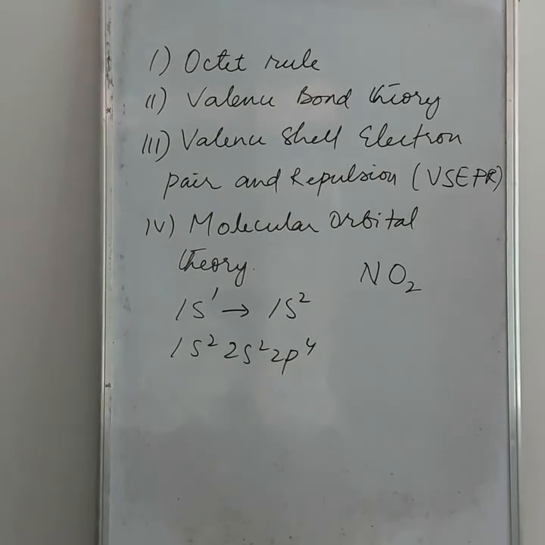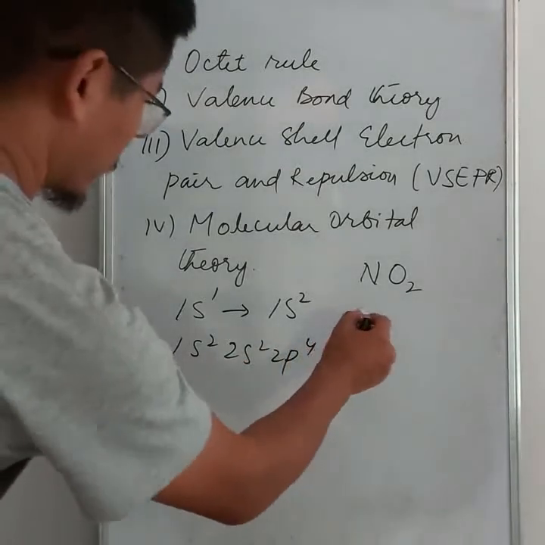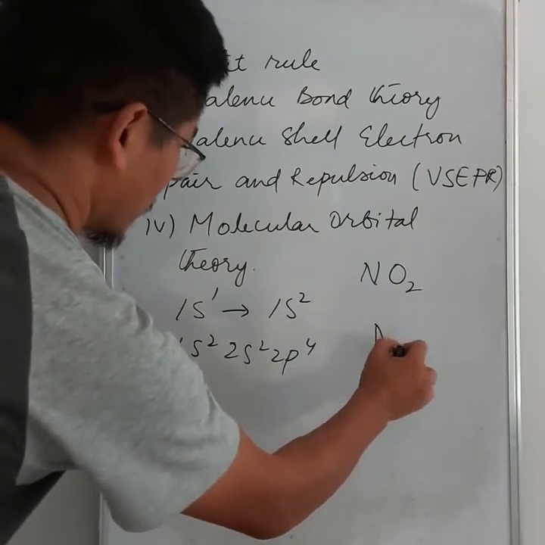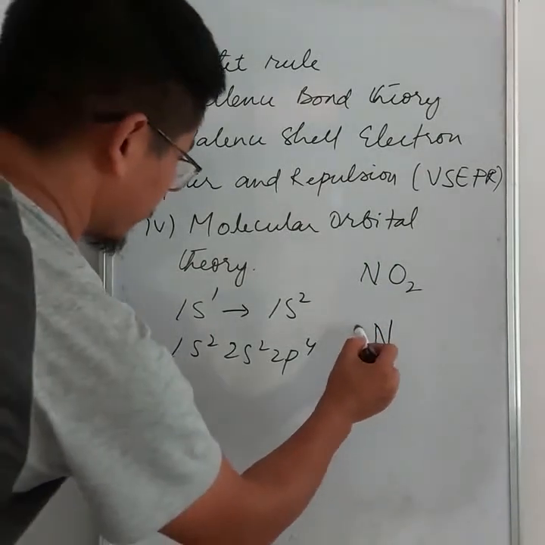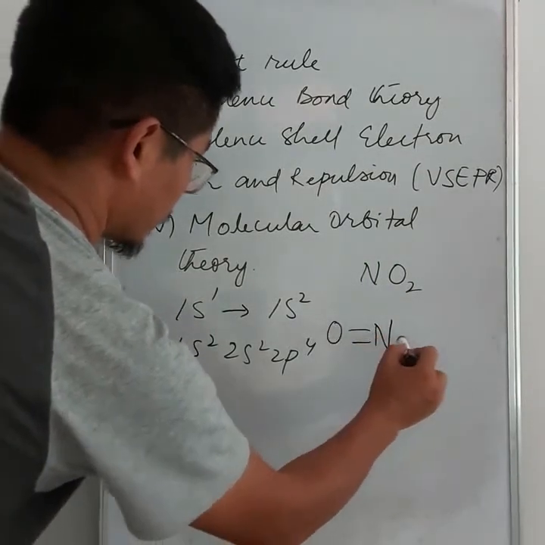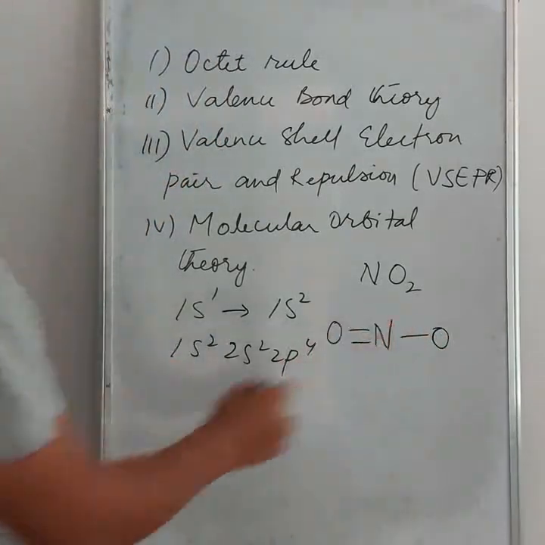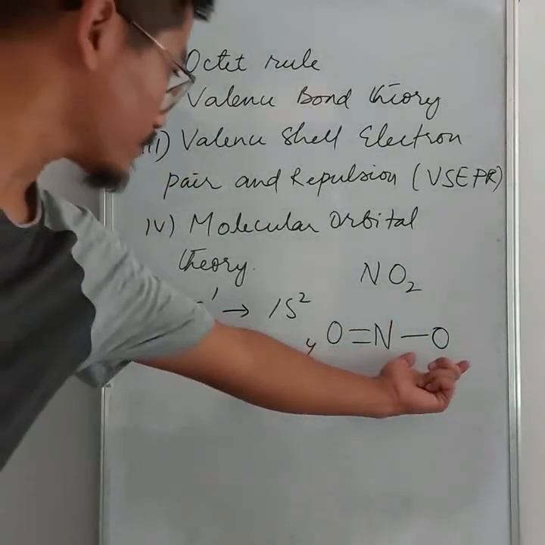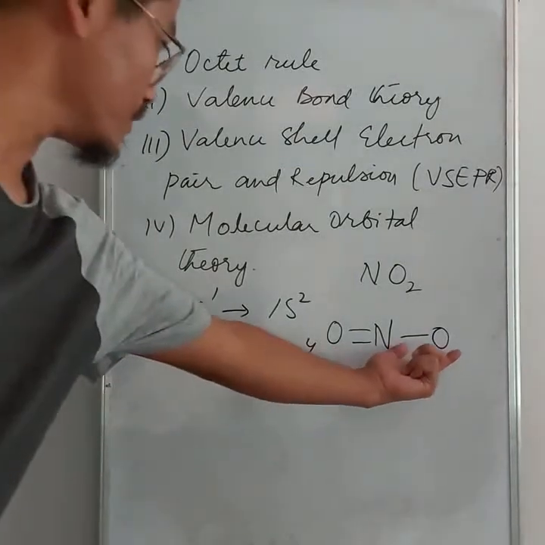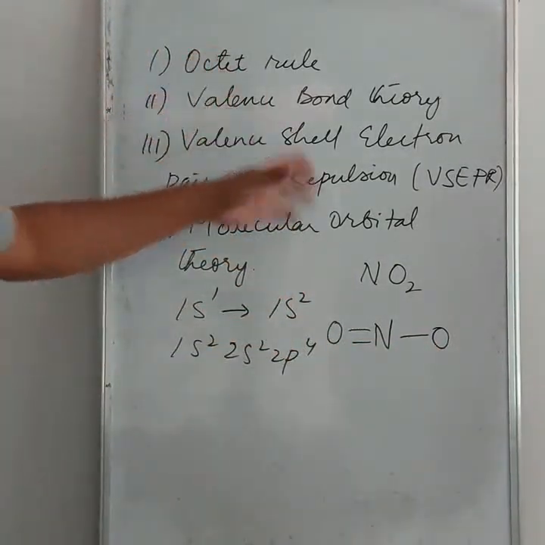Suppose we draw the nitrous oxide, here this oxygen is not fully satisfied. That means it is not obeying the octet rule.